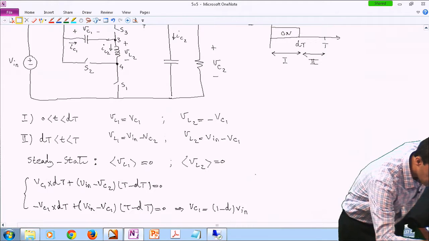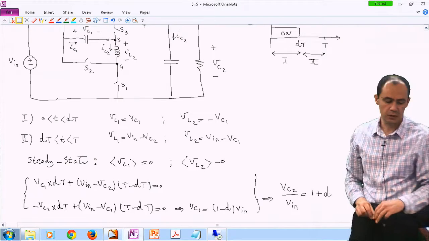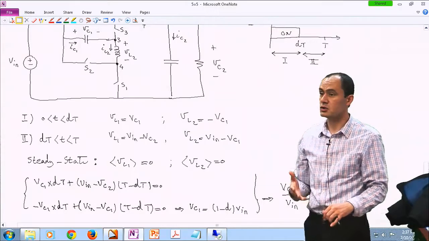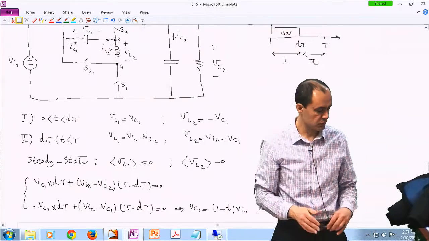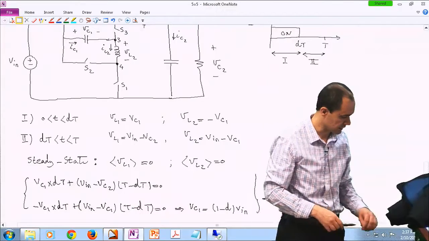So overall, you can conclude that VC2 over Vin is 1 plus D. So the output voltage, VC2, is always larger than the input voltage, ranging from the input voltage all the way up to twice the input voltage.